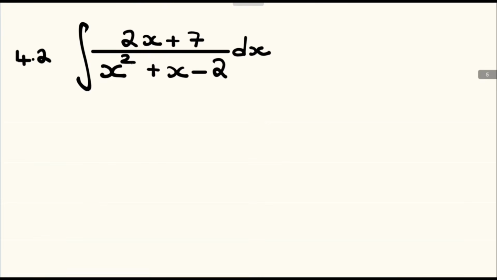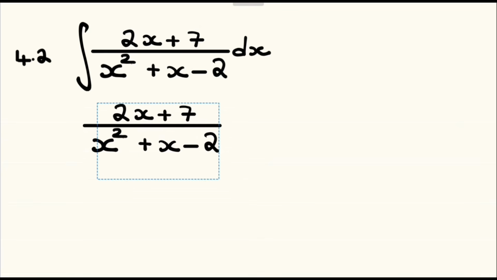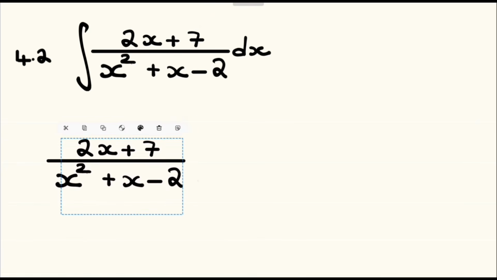Question 4.2, we have to evaluate the following integral, and since the degree of the denominator is greater than the degree of the numerator, we use partial fraction decomposition. So let's separate the integrand and factorize the denominator.